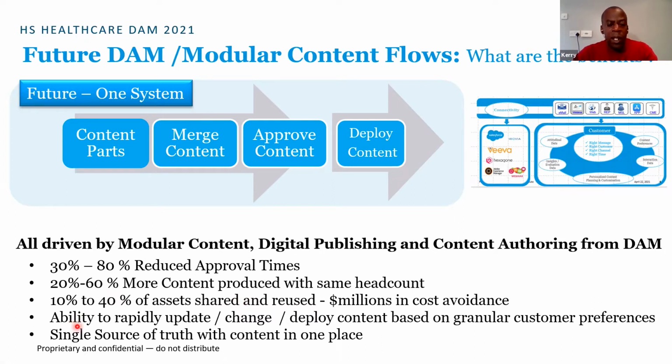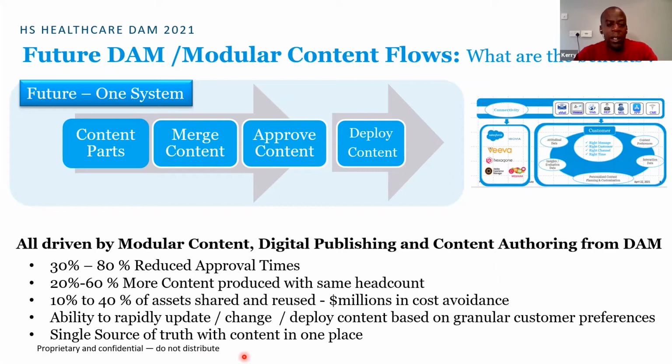And then, of course, as we look at the ability to update and change that content based on those granular content preferences, one is much better positioned to update, optimize, reformat, and redo the content based on the data that's coming back. And then, of course, crucially, what you want is one single CMS, one single source of truth.